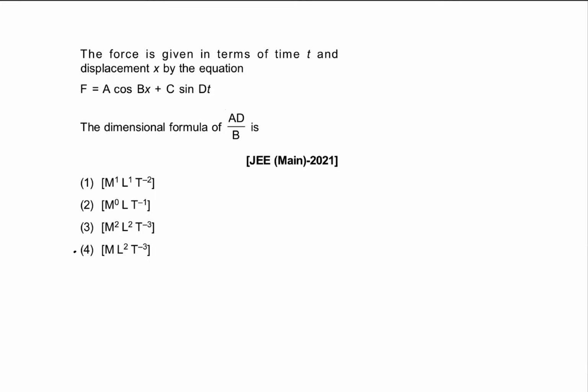Next one. You can see I have pasted here: based on the principle of homogeneity. We'll write now the principle of homogeneity. What the principle of homogeneity states is, first of all, I will give one example.